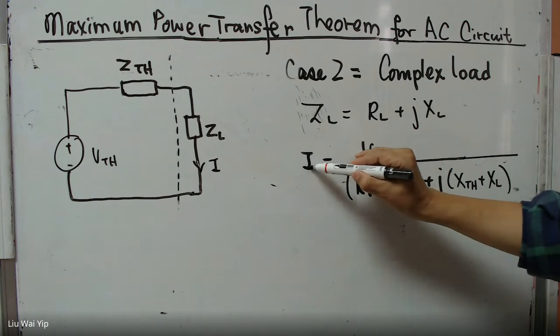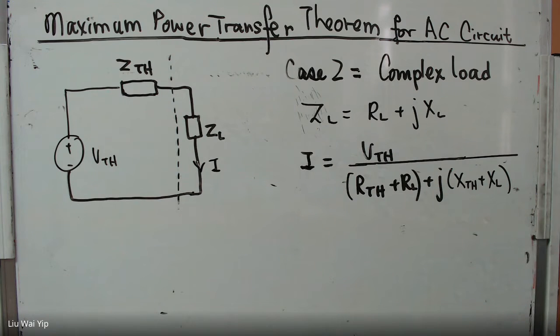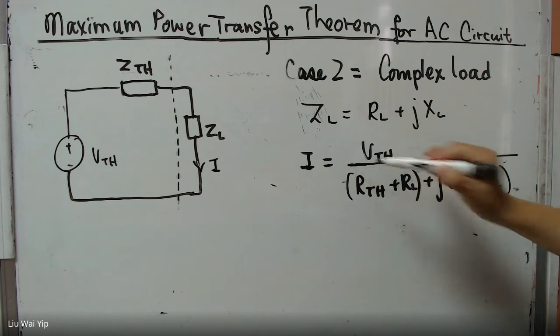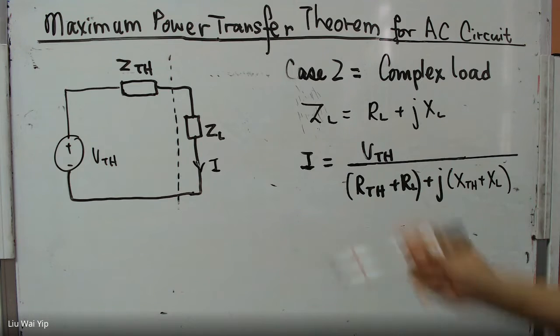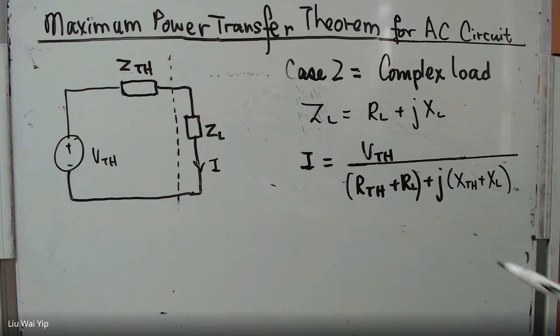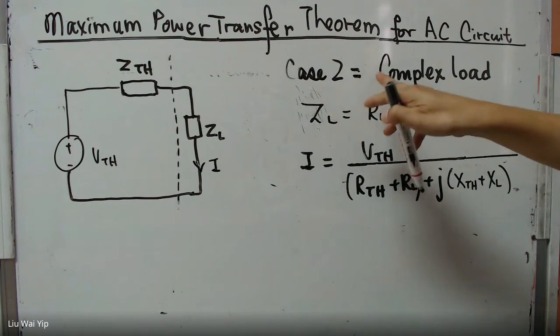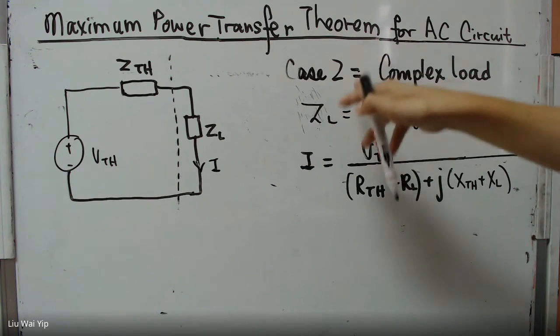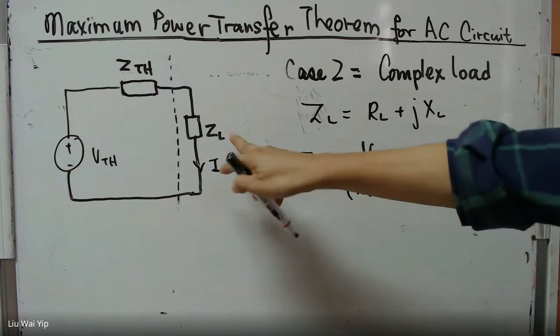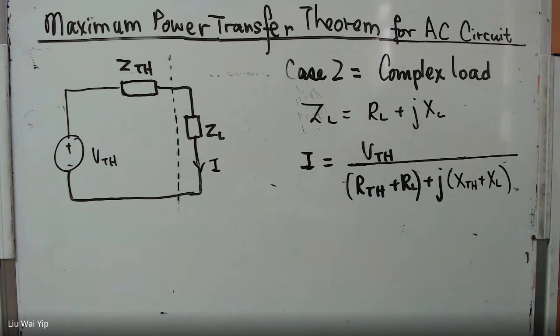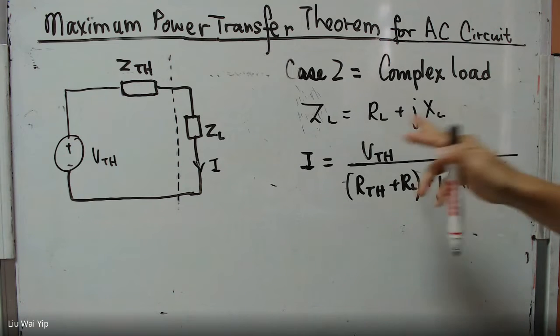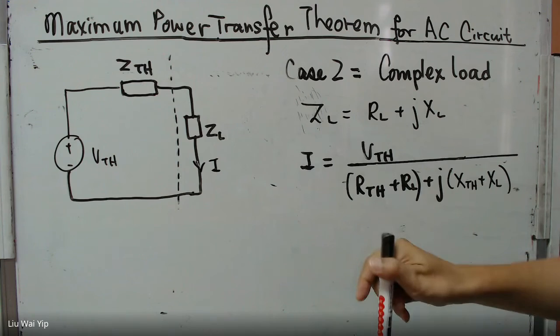So this is the current for the whole circuit. And this time we assume the load is the combination of real part and also imaginary part. The load is a complex load. So what is the power at the load?